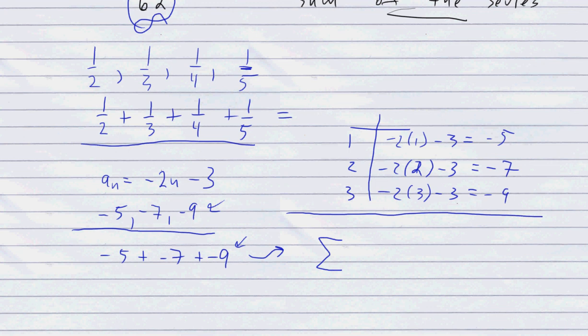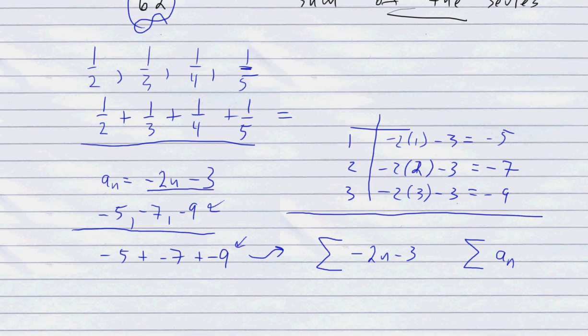We indicate the entire sequence by putting negative 2n minus 3. So I used sigma here to show that we're adding, and then I put in the formula for the sequence, a sub n, which we were given.